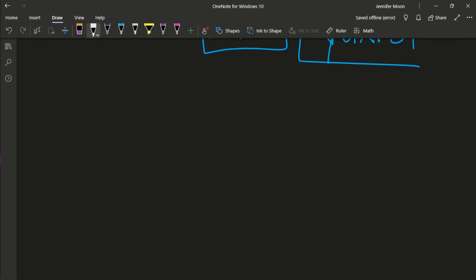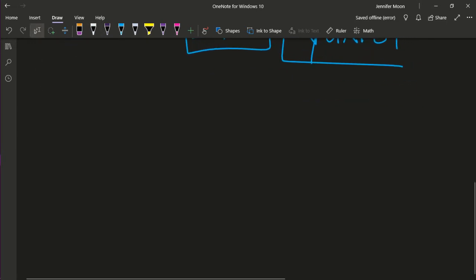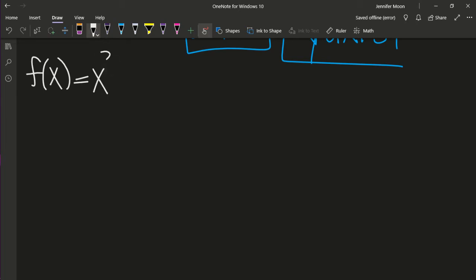Okay, now let's say we have f of x is x cubed. So this is our cubic function. And what we need to do is our test.